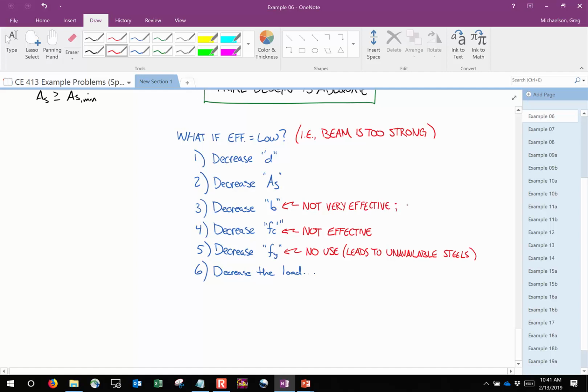And two, it leads to area of steel issues.